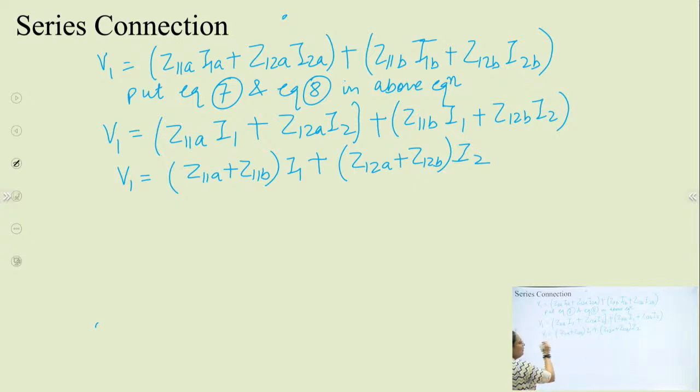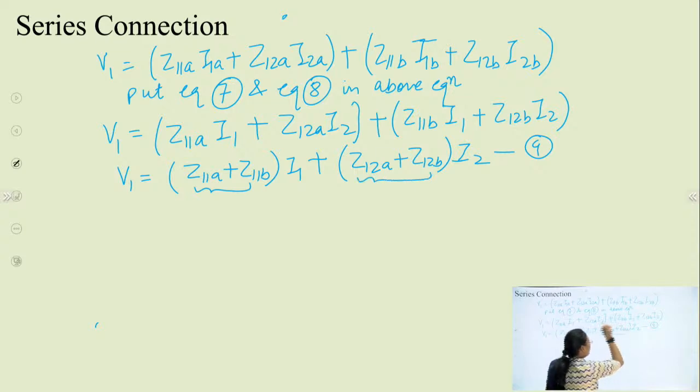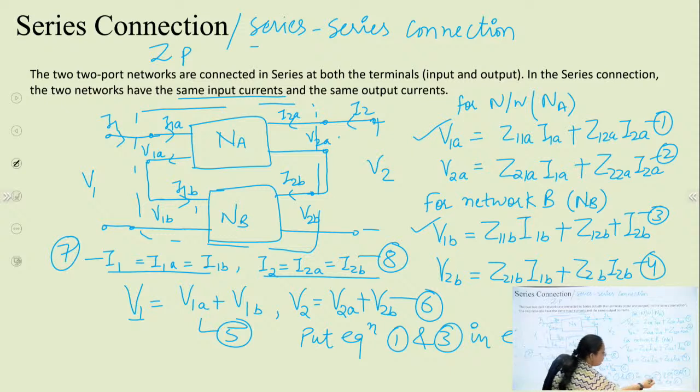Let us say this is equation number 9. If I compare equation number 9 with the standard equation of Z parameters, then I will get Z11 equal to Z11A plus Z11B, and similarly Z12 equal to Z12A plus Z12B. Now the last one: I am putting equations number 2 and 4 in equation number 6.